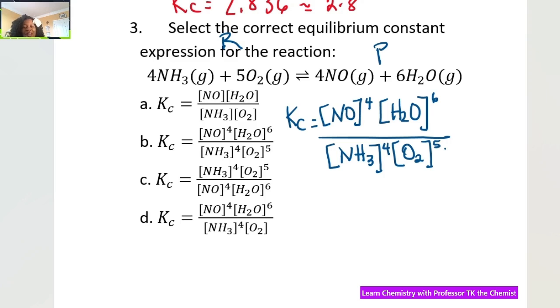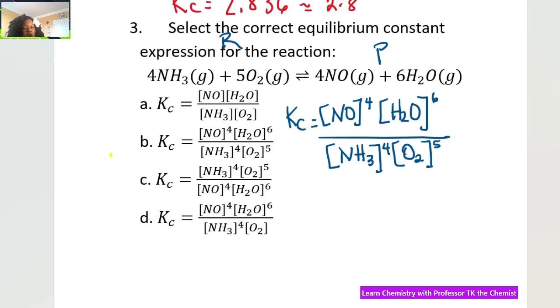Okay, let's find the answer that this is equal to. So if we should have NO and H2O on the top, let's go ahead and cancel the answers that don't show that. So letter A shows NO and H2O, so we could consider that one.